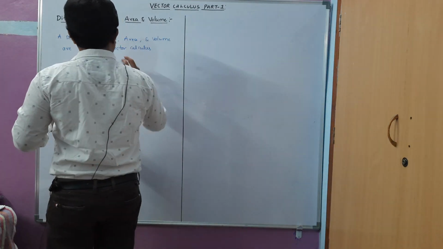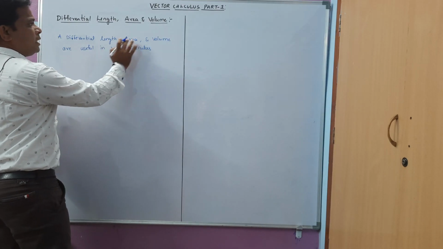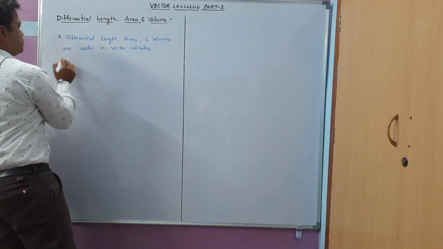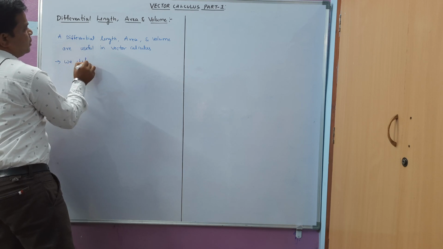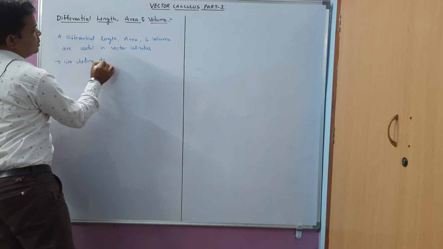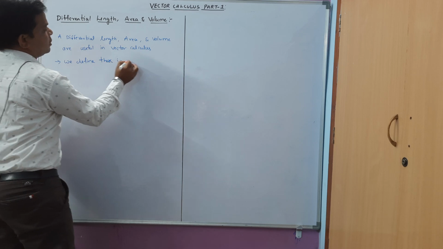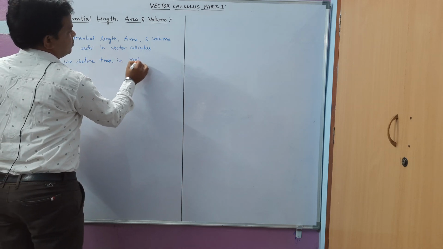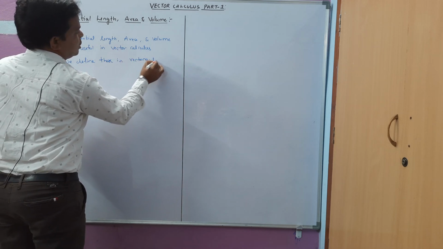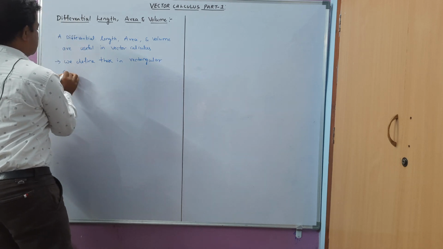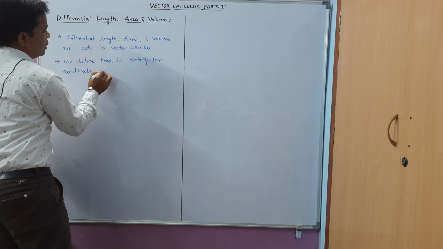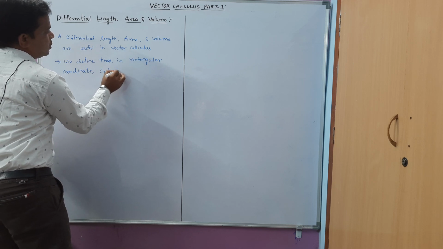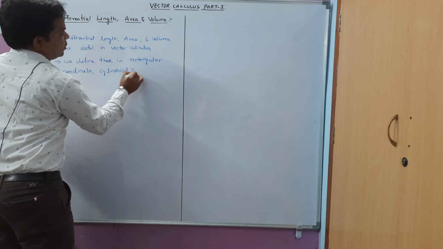We can define this length, area and volume in three coordinate systems: rectangular coordinates, next cylindrical coordinates and spherical coordinate systems.